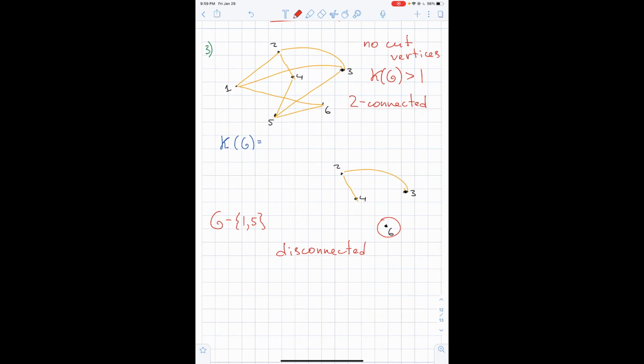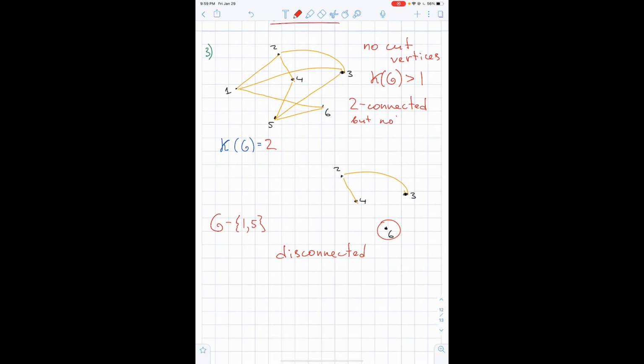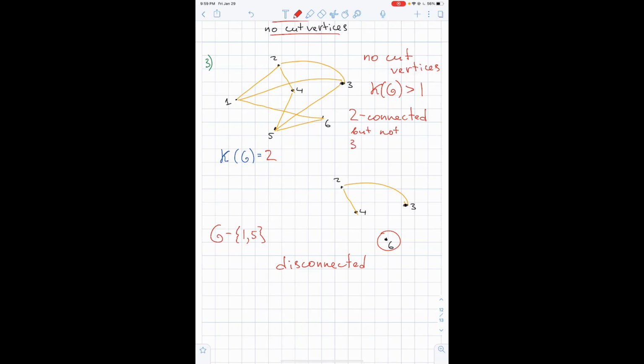So that means that kappa is equal to 2. So it is 2 connected, but not 3 connected. All right. So that's our example, and that's all I wanted to tell you in this video.